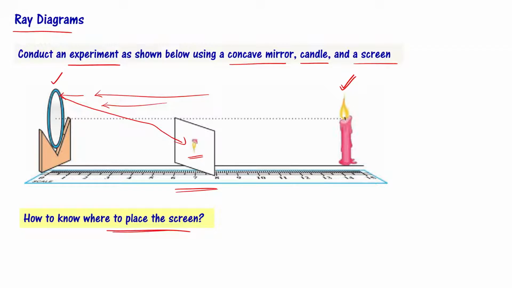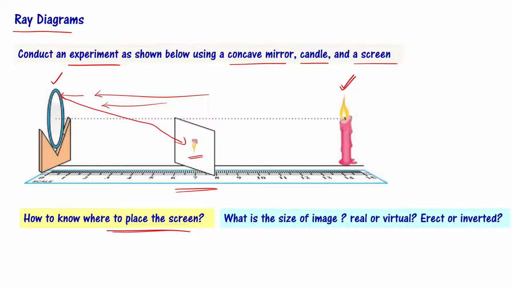Now the question is, how do I know where to place the screen? Screen ఎక్కడ పెట్టాలి అనేది ఎలా తెలుస్తుంది? Or otherwise, what is the size of the image I am going to get? Whether the image is going to be real or virtual, whether the image is going to be erect or inverted. ఈ పర్టికులర్ కేసులో చూస్తే ఇన్వర్టెడ్ ఇమేజ్ ఉంది, రైట్? At the same time, the size of the image is much smaller than the original object. క్యాండిల్‌తో పోల్చుకుంటే కనుక క్యాండిల్ ఇమేజ్ చాలా చిన్నగా ఉంది, రైట్?